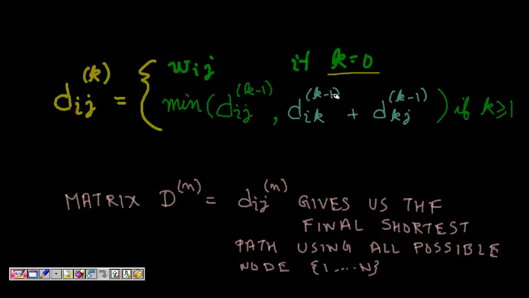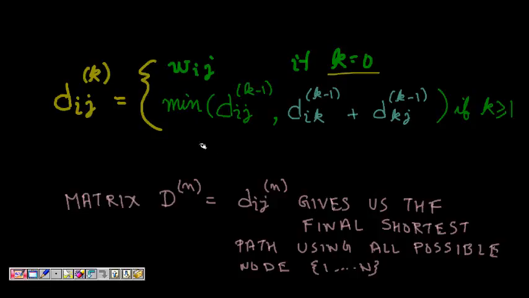What it means is, if I'm allowed to choose no node in the intermediate path, then Dij0 will always be equal to Wij, and if there is an edge in between with some finite value, then that will be the weight of the minimum length path. And otherwise, if it is connected through some intermediate nodes, it will be 0. Okay, and the adjacency matrix representation takes care of that.